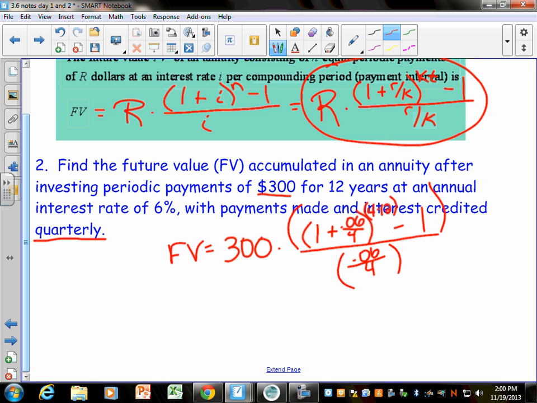Let's see, 0.06 divided by 4. Error. Mine got an error too. Can you not have a decimal on top? Well, are you using a fraction button? No, you can't use a fraction button. No, you have to do the division sign. Minus 1.